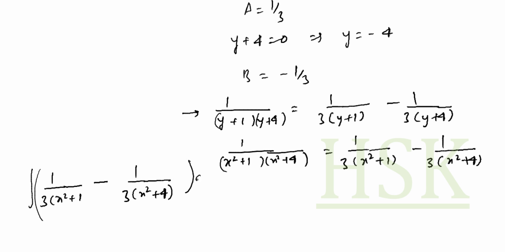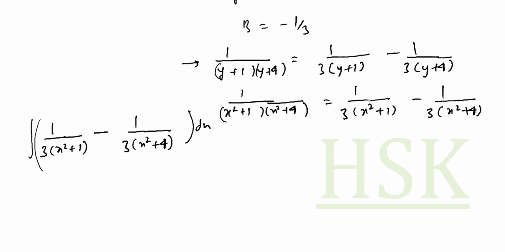dx. Now integration of 1 upon x square plus 1 is directly equal to tan inverse of x. Minus 1 upon 3 remains as it is. Integration of 1 upon x square plus 4 is done in the same manner by integrating 1 upon x square plus 2 square.